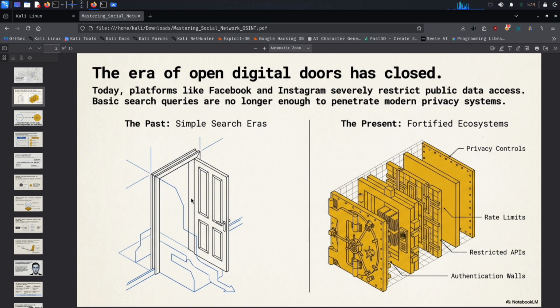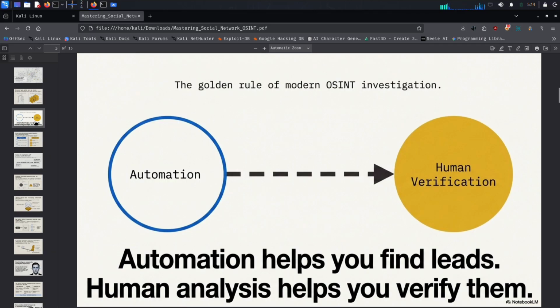For example, on platforms owned by Meta, such as Facebook and Instagram, a normal investigator generally has access only to information that the platform makes publicly visible. If a profile is private, you can't simply expect a normal search query to reveal all of that person's private posts or profile information. This is one of the reasons why basic search queries are often not enough anymore.